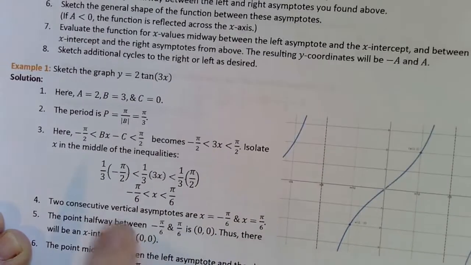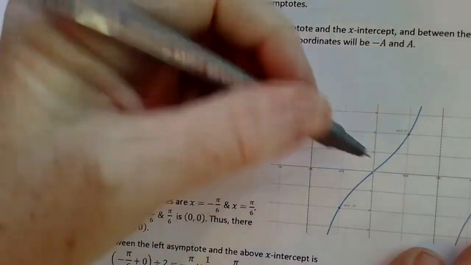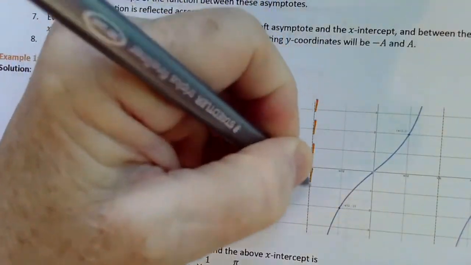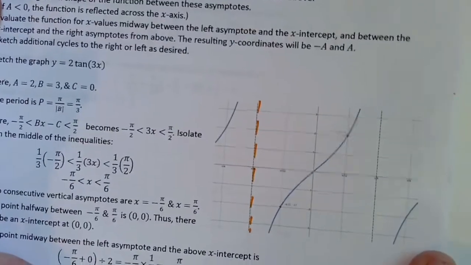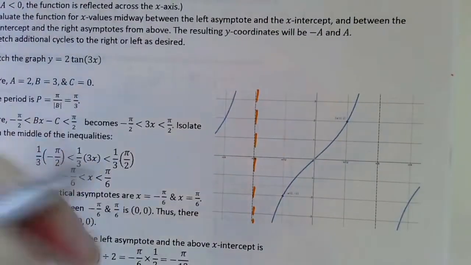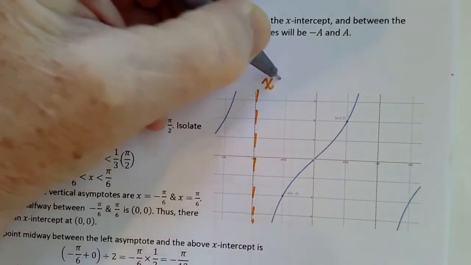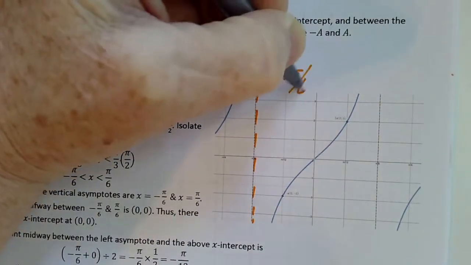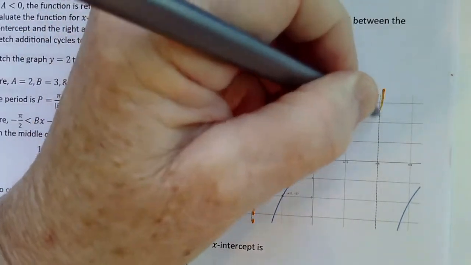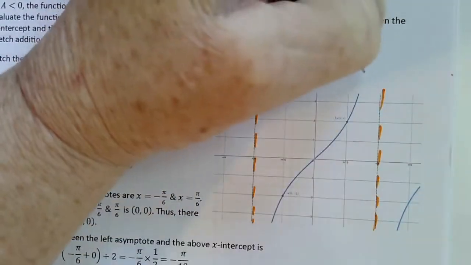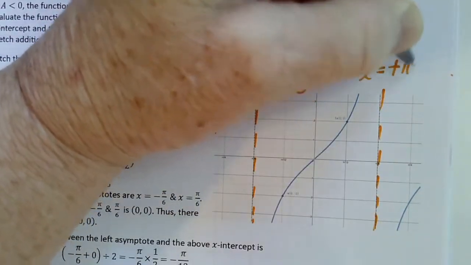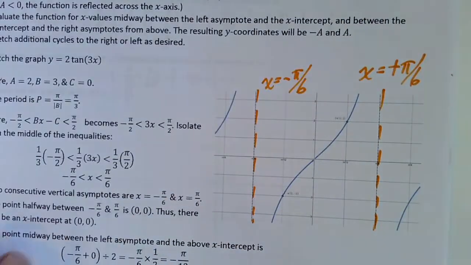That means that at negative pi/6, I'll have a vertical asymptote. So this is x equals negative pi/6, and at positive pi/6 we'll have a vertical asymptote.